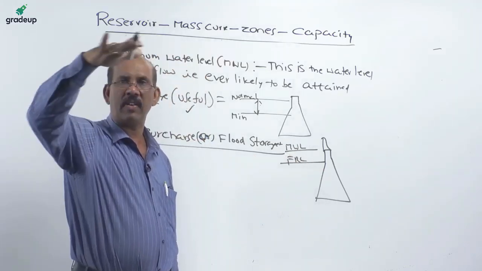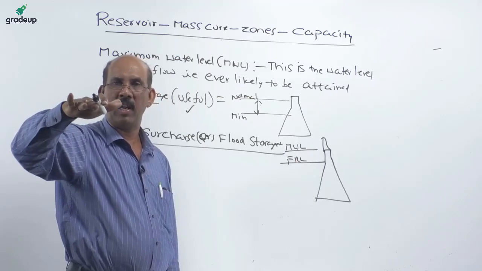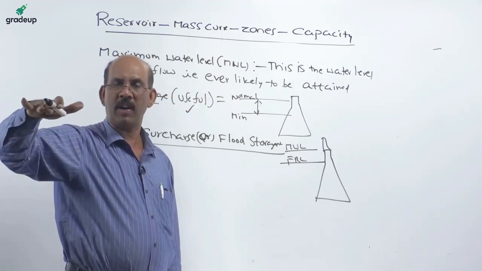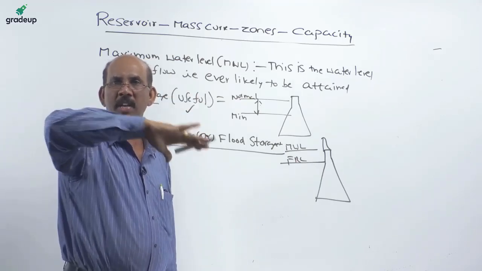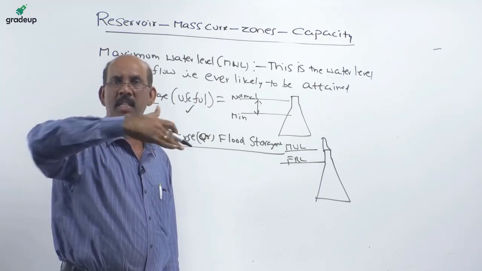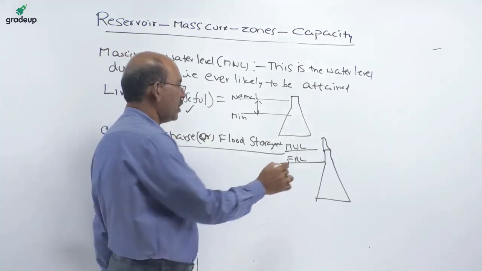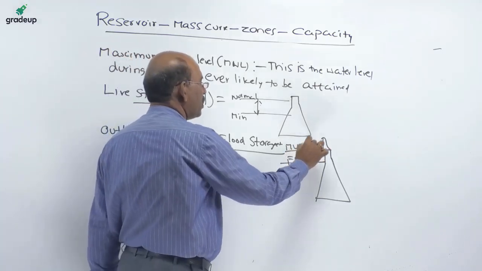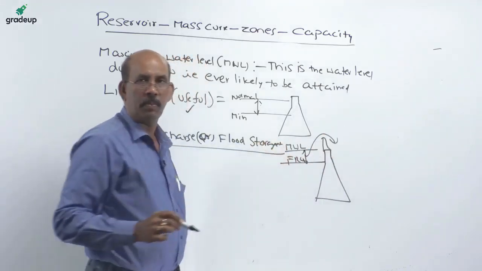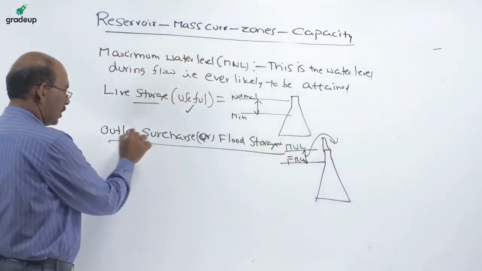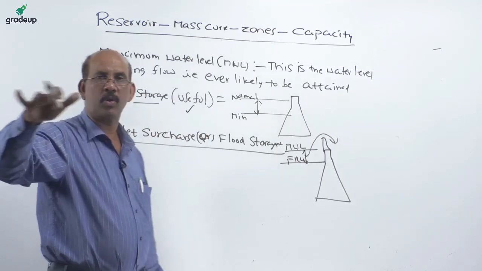This is the highest level, the full reservoir level. Beyond full reservoir level, we do not allow any water to be stored. Immediately whatever water is between these levels, when it reaches, is released through the spillway. So that level is known as outlet discharge or flood storage level.